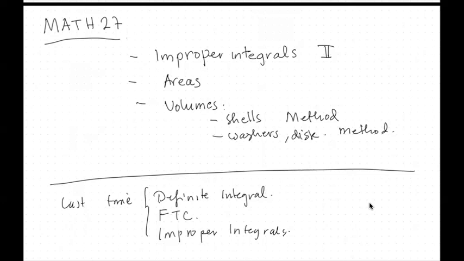For areas, just like area bounded by curves, and for volumes, we have washers and this method, and the other one is shell method. We will discuss them one by one as we go on. So let's have first our improper integral.